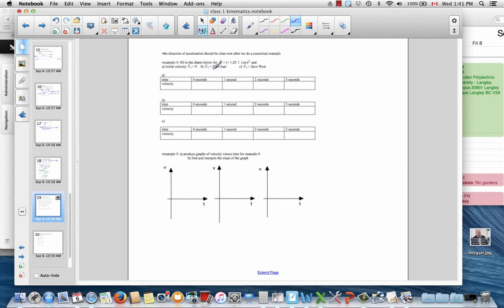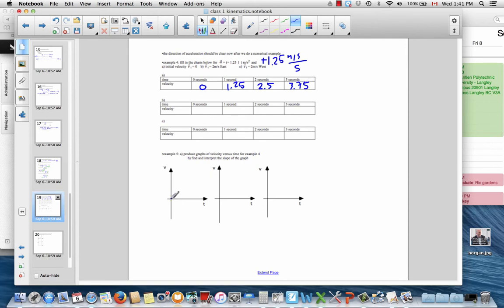So, well, this we did before. Let's just quickly sketch some graphs here. So this is an acceleration of plus 1.25 meters per second squared, or plus 1.25 meters per second each second. So if you start off at rest, example A, we did these numbers before on the previous page, then your velocity just goes up by the same amount each second.